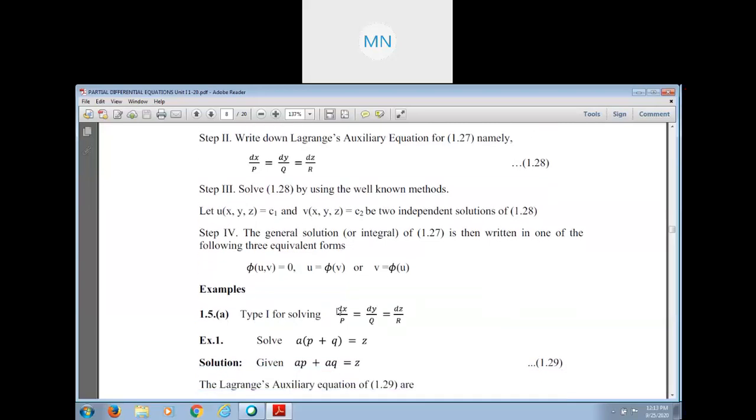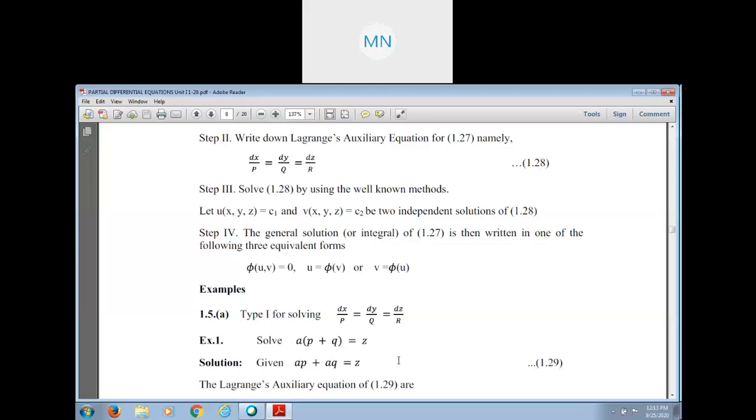Consider the equation of the type dx by P equals dy by Q equals dz by R. See this example: solve ap plus aq equals z.